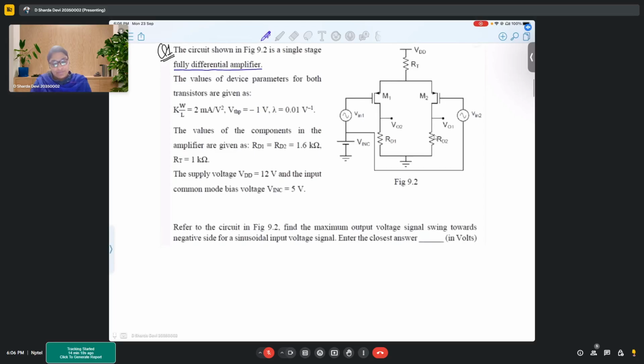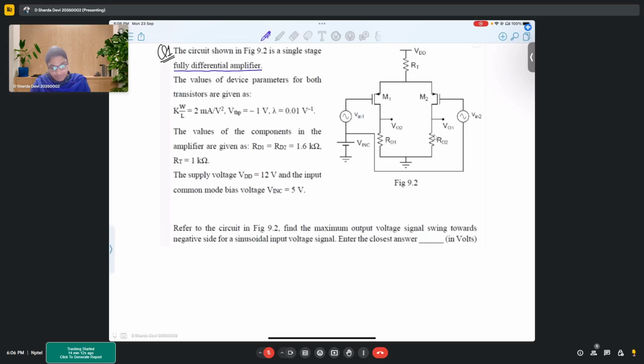So here the device parameters have been given for both the transistors. K W by L is common, and V_THP, since they are matched transistors.